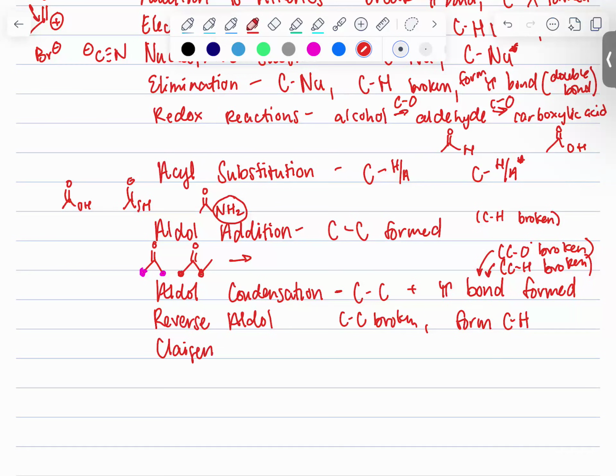So, Claisen reactions. What's up? Other questions? Okay. Claisen reactions. What kind of bonds are we breaking and what kind of bonds are we forming?